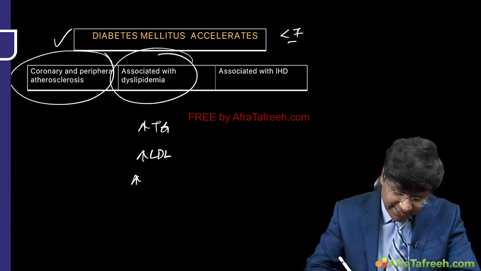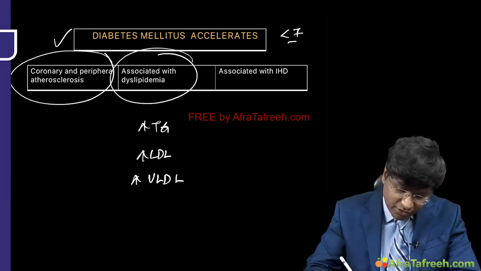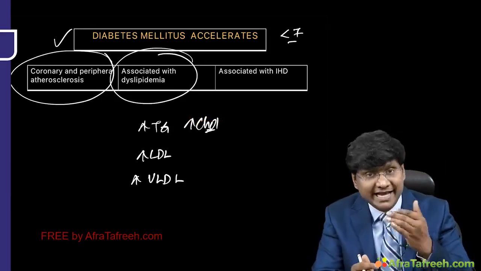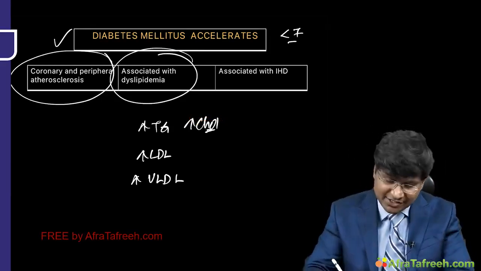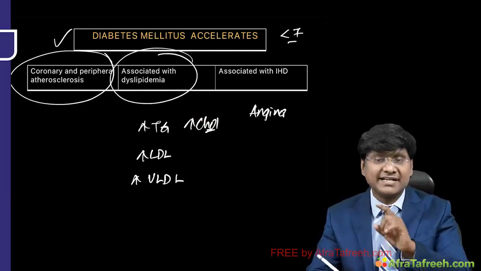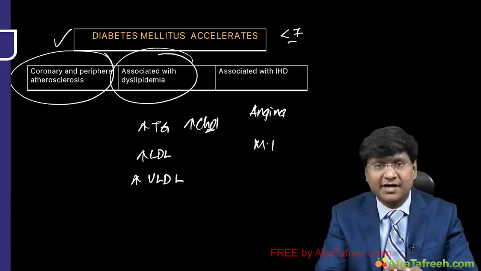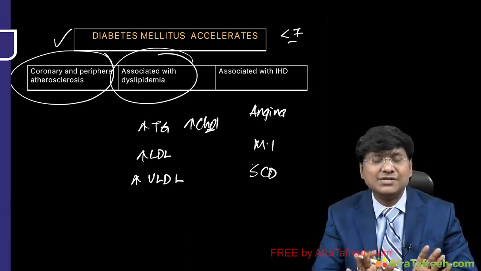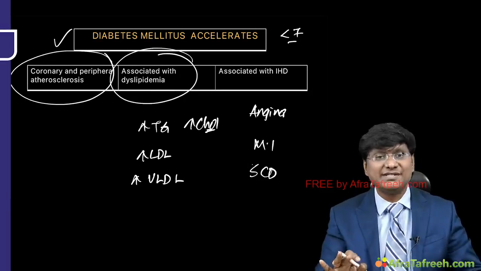It will also cause an increase in VLDL, and it will also cause an increase in the cholesterol as well, right? And thereby it increases the risk of angina. It increases the risk of myocardial infarction. It increases the risk of sudden cardiac death. So that is what diabetes mellitus does.